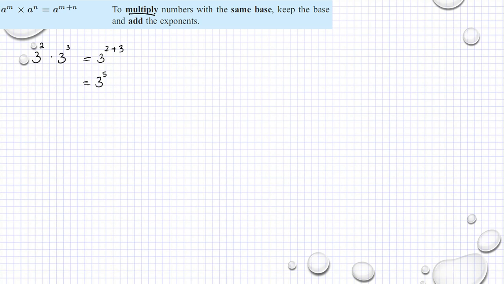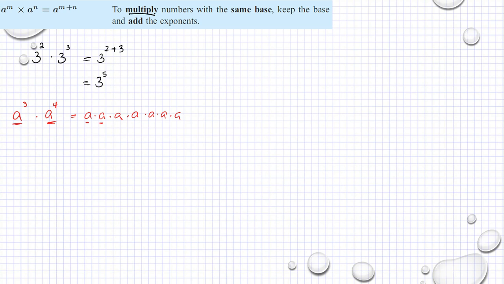That's an example. To explain that, if we have a raised to 3 multiplied by a raised to 4, for example, then this is the same as a multiplied by a multiplied by a, multiplied by a multiplied by a multiplied by a multiplied by a.